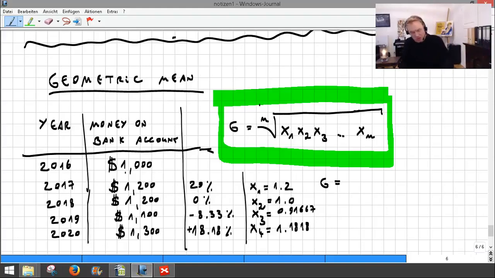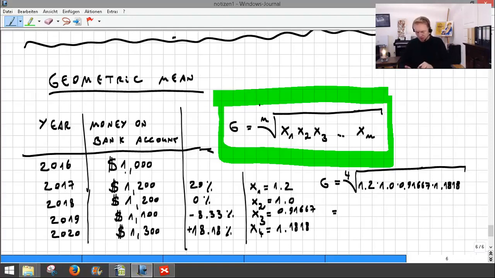So it's the 4th root of 1.2 times 1.0 times 0.9166 times 1.1818 and so on. That's the fourth root. Let's compute this together.